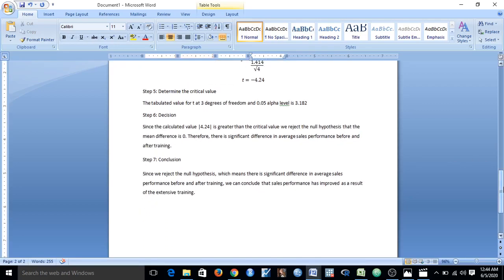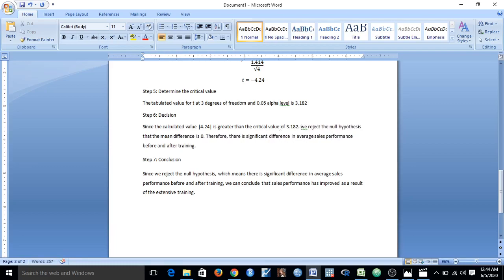Then step 6 is to make a decision. How we make the decision is we compare the calculated value with the tabulated value. If the calculated value is greater than the tabulated value, we can ignore the sign, then we say that we reject the null hypothesis. Otherwise, we do not reject the null hypothesis. So from here we see that the calculated value in absolute terms is 4.24, which is greater than the critical value of 3.182.